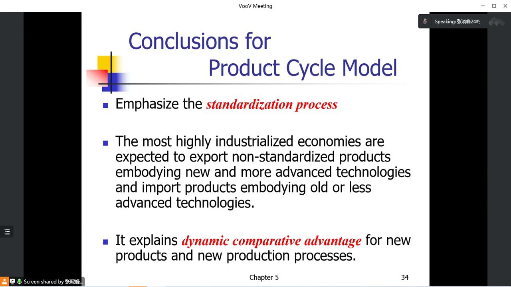The industrial economies prefer to export non-standardized products just because these products are technology intensive. It is very difficult for developing nations to imitate. It explains dynamic comparative advantage for new products and new production processes.